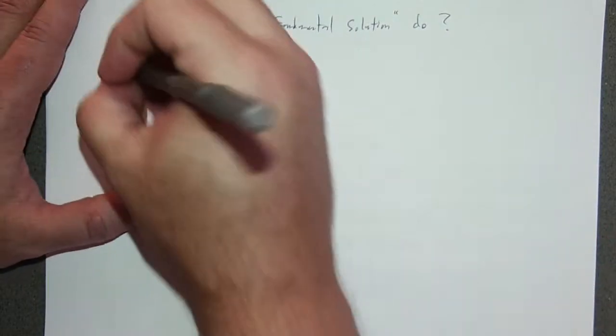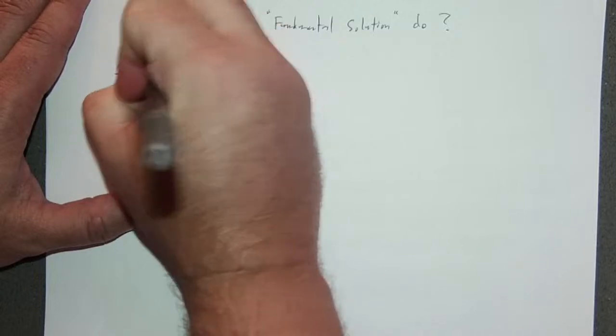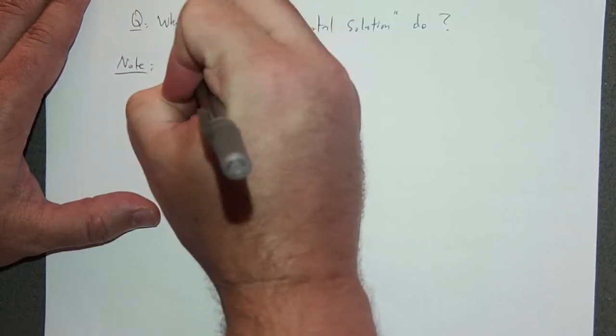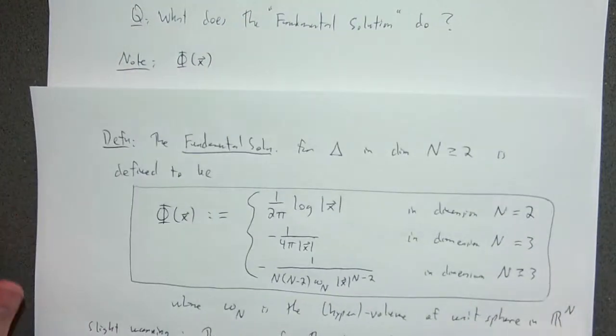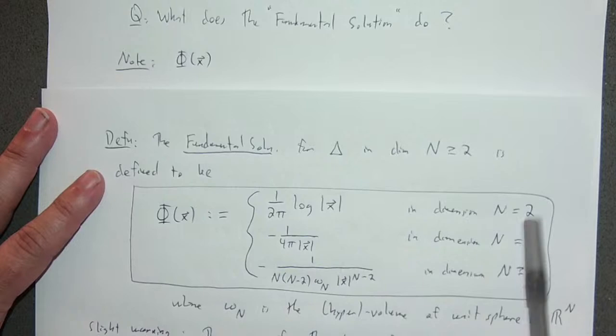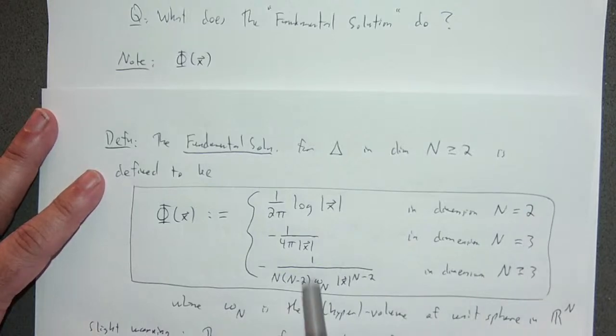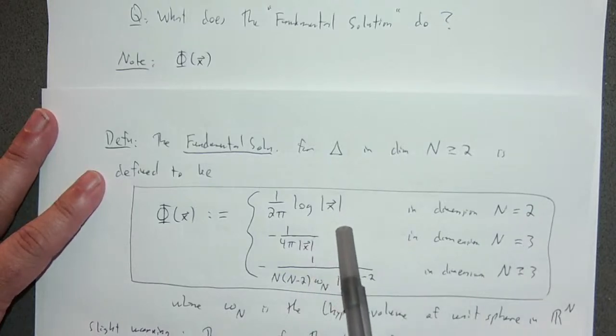Well, note that this fundamental solution, v of x, regardless of what dimension I'm in, for 2, 3, or higher, at the origin, where the length of x is 0, these all blow up. These are all undefined, right?